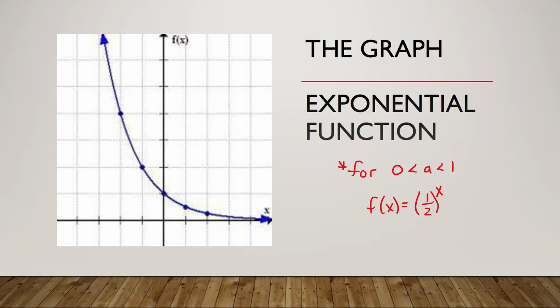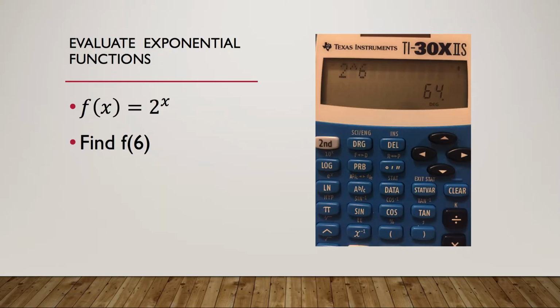In terms of what we need to be able to do in this particular section, one thing is to evaluate an exponential function. This is fairly easy because we have our calculator to help us. Let's look at a quick couple of examples. The first one, f of x is equal to 2 to the x, is our function, and we want to find f of 6.